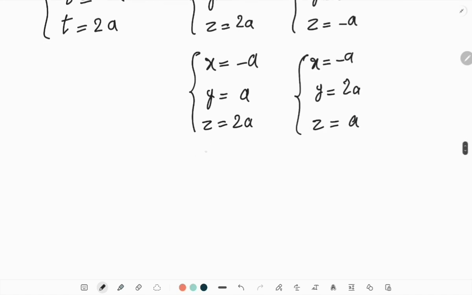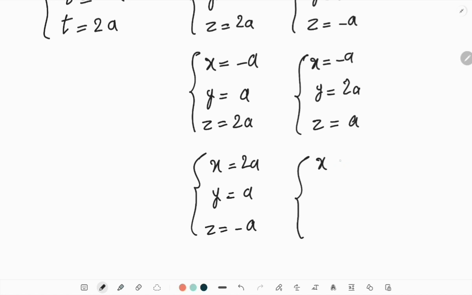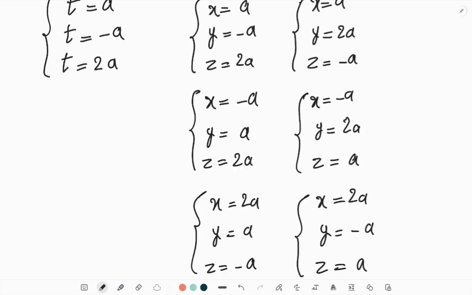Another set, the last ones, x is 2a, y is a, and z is minus a, or x is 2a, y is minus a, and z is a. So that was it. In general, we have 6 sets of answers.